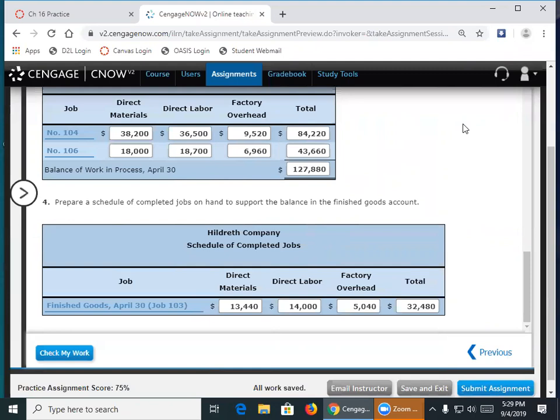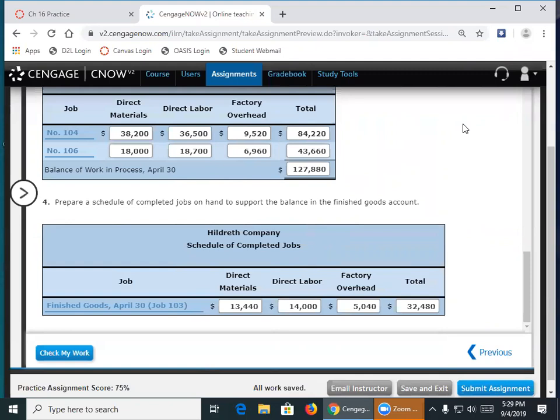Whatever that amount was, I would debit factory overhead, sorry, to zero that out, and I would credit cost of goods sold. We charged the customer more than the cost we incurred.